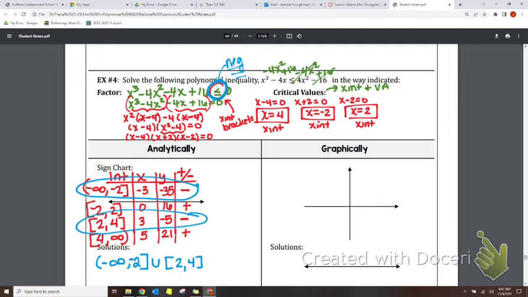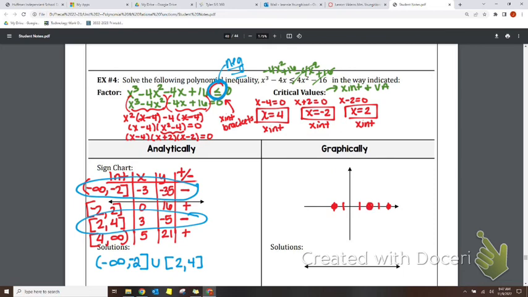Now, graphically, we can graph this. We know we have x-intercepts at 4, -2, and +2.